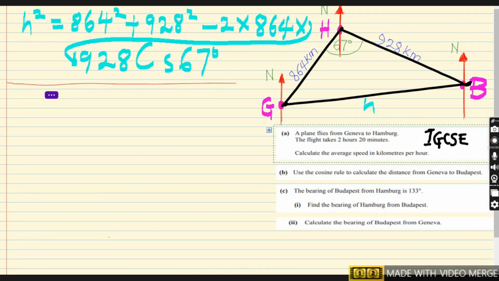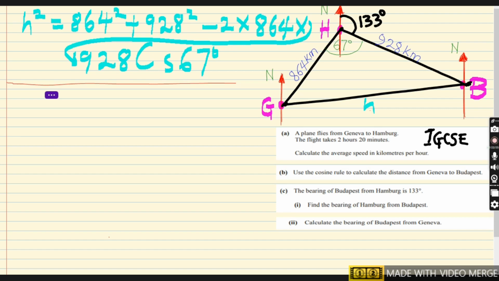This time we are to calculate the bearing of Hamburg from Budapest. Note that we've been given the bearing of Budapest from Hamburg. That is, if we stay at Hamburg, turning from the north of Hamburg in this direction, we've got 133 degrees.